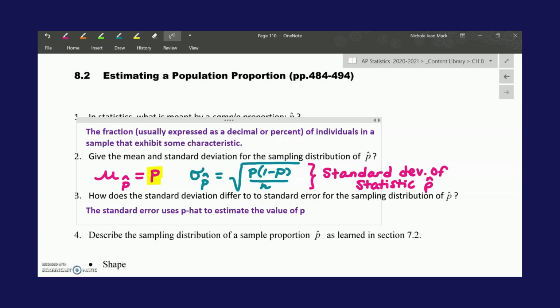Now, there's a difference between p hat and p. We're using p hat to estimate the true proportion of the population in the standard deviation formula. So standard error is just taking the proportion from the sample to estimate the standard deviation for the population. Standard error is just an estimation from your sample, okay?